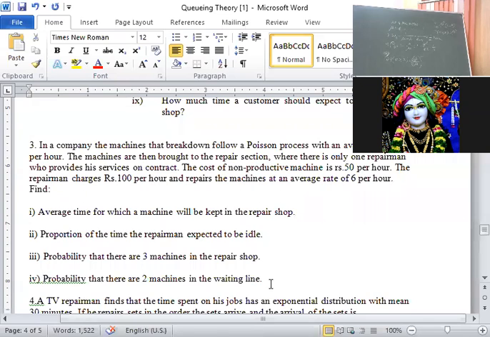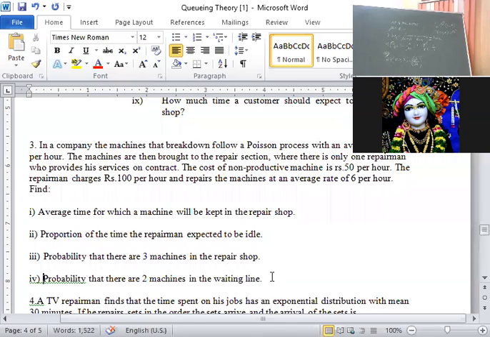No, ma'am. Here, the probability that there are two machines in the waiting line means they directly ask for the probability. This sentence is not talking about the length of the queue or the average waiting time of the queue. Do we get any meaning like average waiting time from this sentence? No, ma'am.